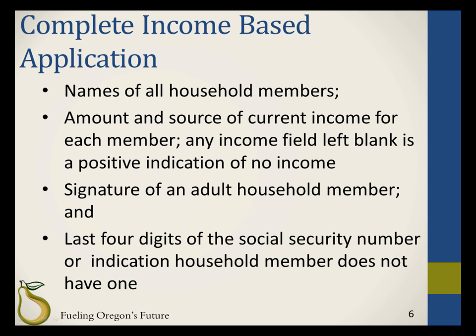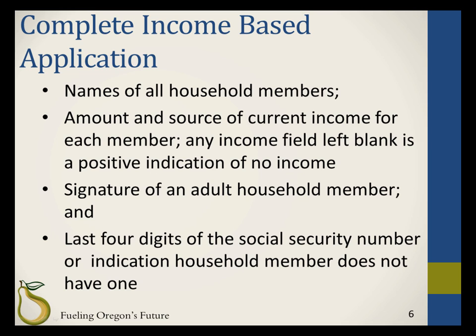Now let's review what must be on an income-based application to be considered complete. Names of all household members, amount and source of current monthly income for each member. Any income field left blank is a positive indication of no income.